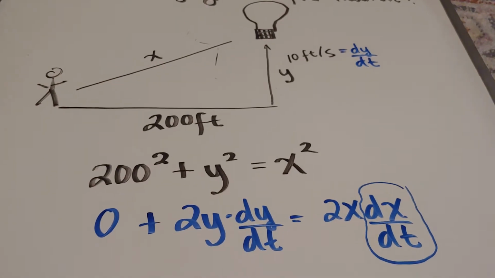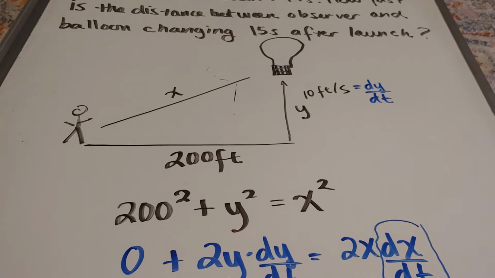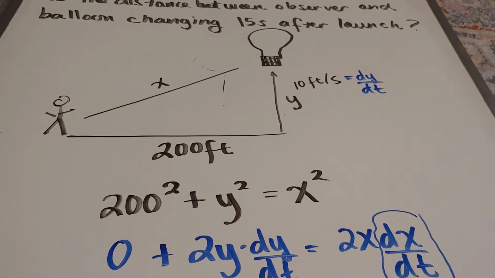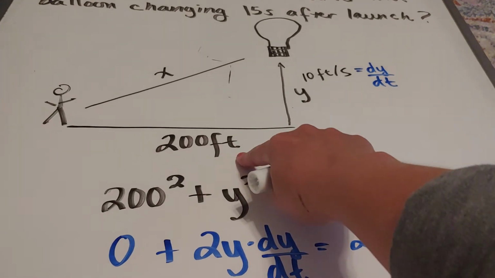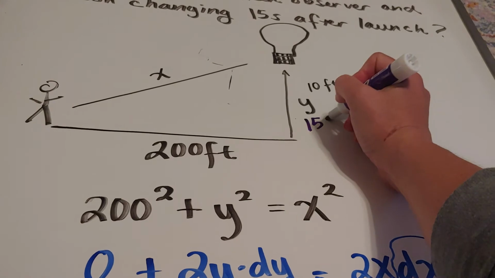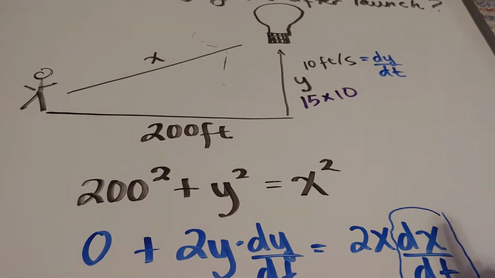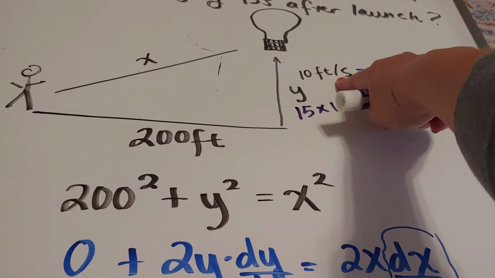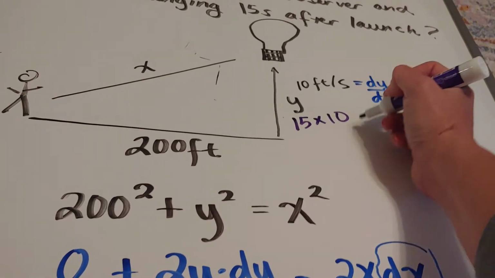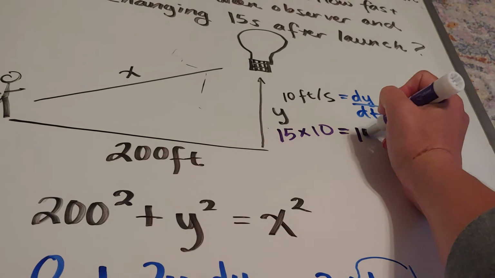Now is when we want to talk about what happens at 15 seconds. After 15 seconds, this 200 is still here, but this side would be 15 times 10, because if I'm rising at a rate of 10 feet per second, then this would be 15 seconds times 10. So y is going to be 150.